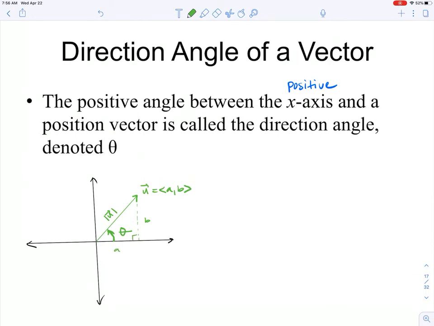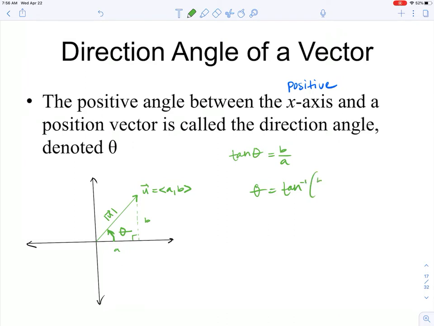Now, if I were to drop a perpendicular and create a right triangle, you can see that the relationship between the direction angle and the horizontal and vertical components ends up being tangent of theta equals b over a.